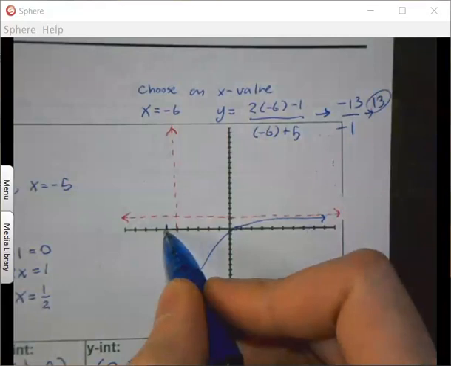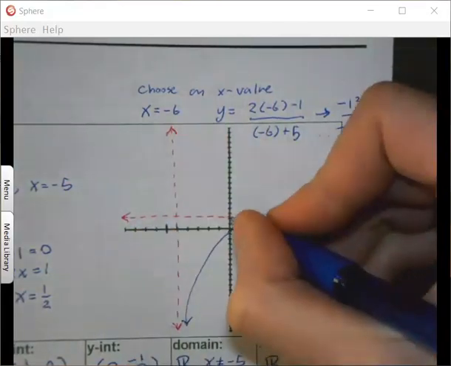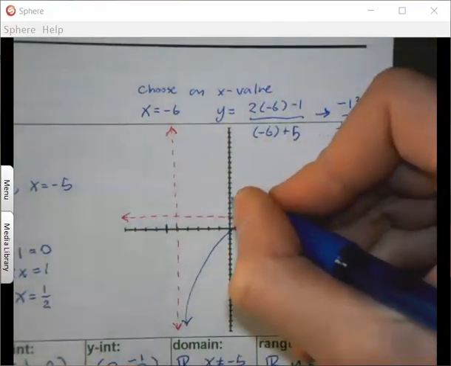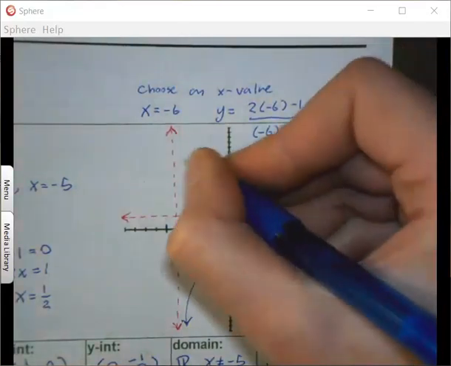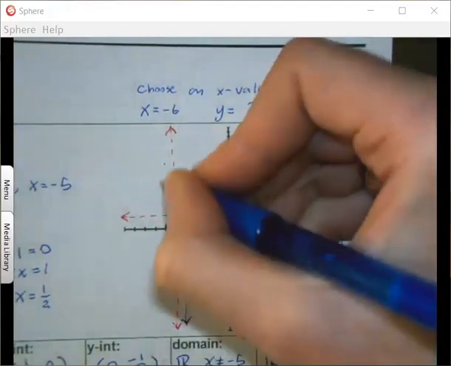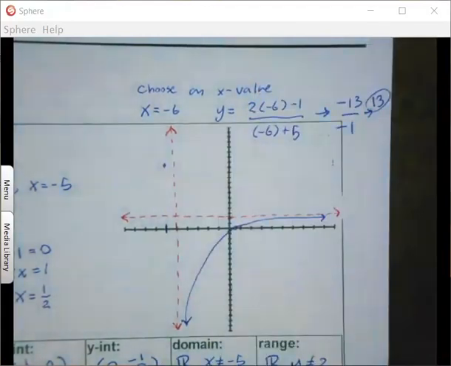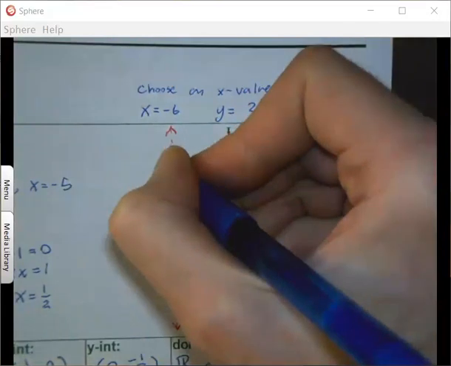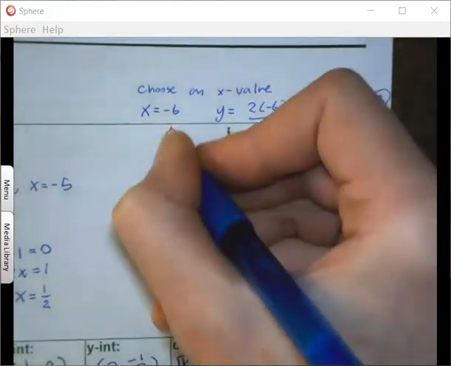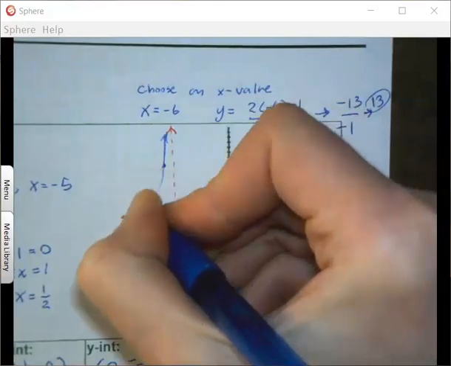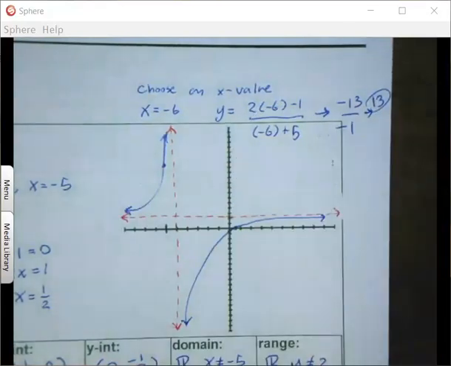So when x is negative 6, we go up 13. So about right here. Draw your curve, make sure you go through your point and approach your asymptote. Done.